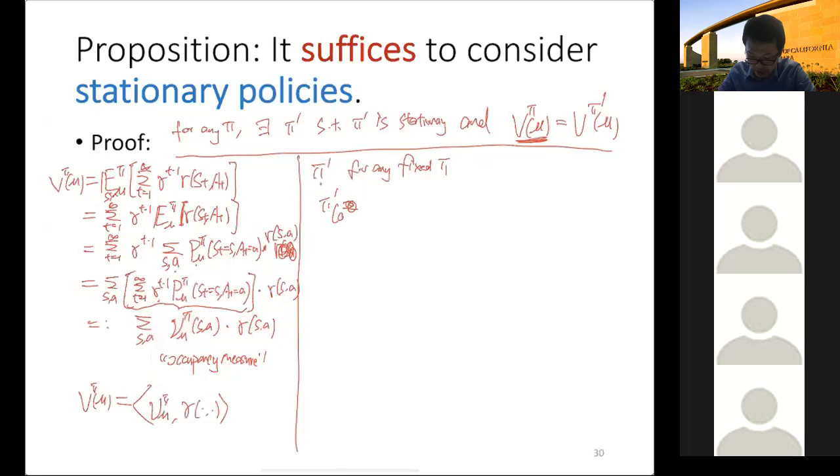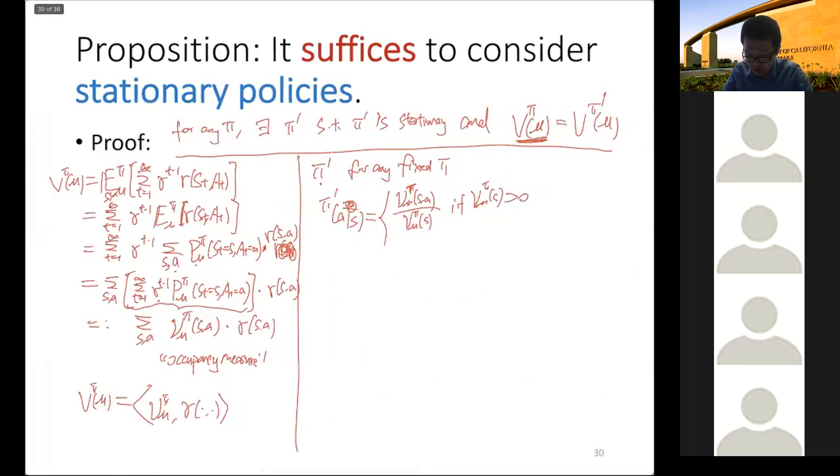pi prime of A given S, so it's a probability distribution of A given S, is equal to nu^pi, this occupancy measure of policy pi, divided by the occupancy measure of policy pi applying only to a particular state. First of all, what is this?